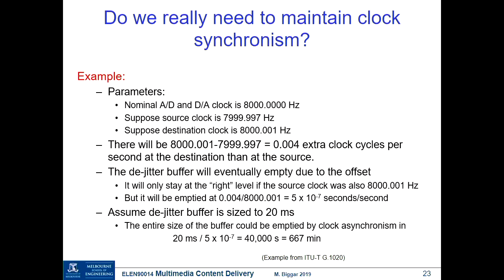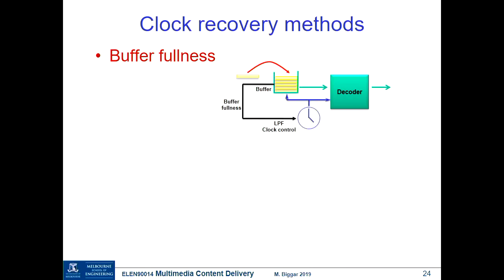So how do we actually recover the clock? One way we might think of doing it is just looking at buffer fullness, right? Even though our network might have jitter in it, on average we should be filling this buffer at a more or less constant rate if it's a constant rate transmission system.